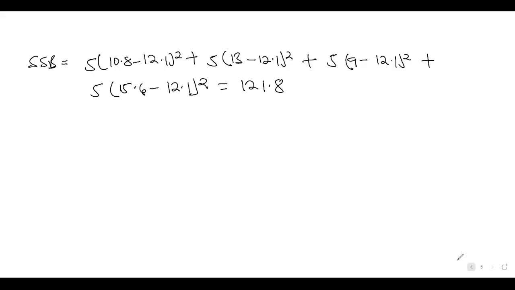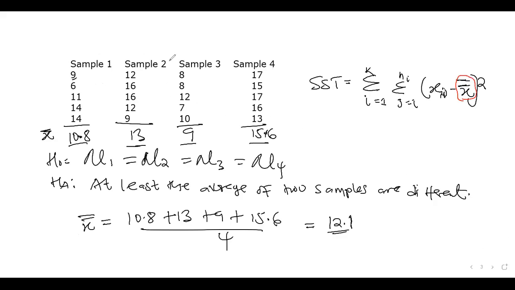Now somebody may be wondering, what is the meaning of this sum of squared total and sum of squared between? If you look at this table here, the total variation in all the figures is what we refer to as the sum of squared total. But we can have variation within a certain group. The variation in group 1 alone is called the within variation.